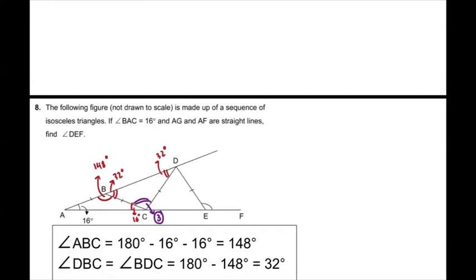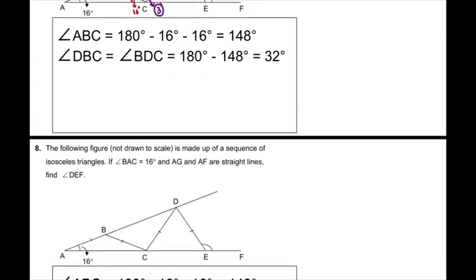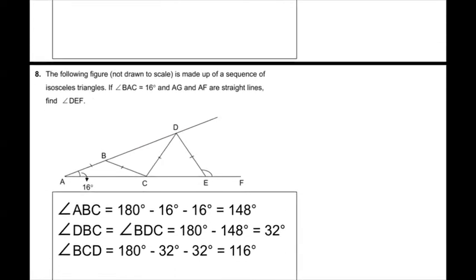Okay, so how do you find BCD? You just need isosceles triangle. Therefore, 180 minus 32 minus 32, which would give you 116. All right, so we have established here to be 116. And here earlier was 16.